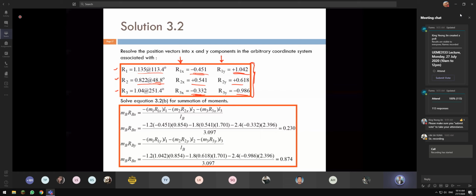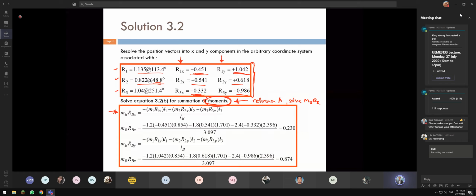So there is R1, R2, and R3. So we have the formulas. Normally, we will solve the moment equation first. Because we set the reference at A, we can solve MB RB using this moment equation.